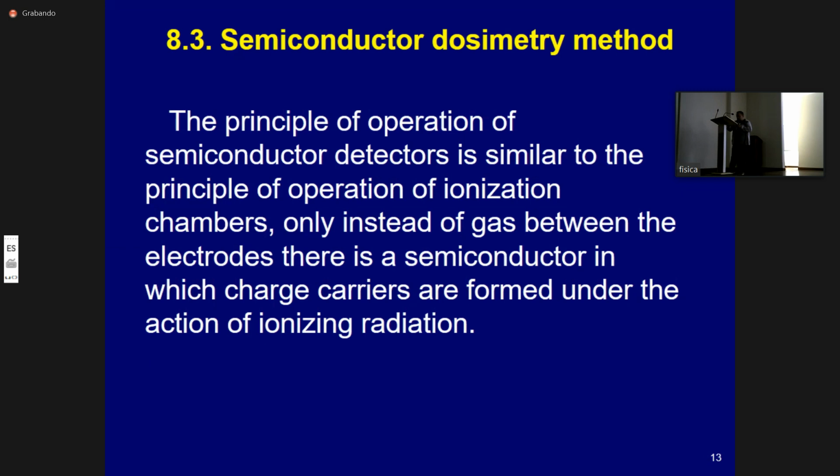The processes that occur during the ionization of a crystalline semiconductor detector can be explained on the basis of the band theory of crystals, according to which there are energy bands of allowed and forbidden values for electrons.